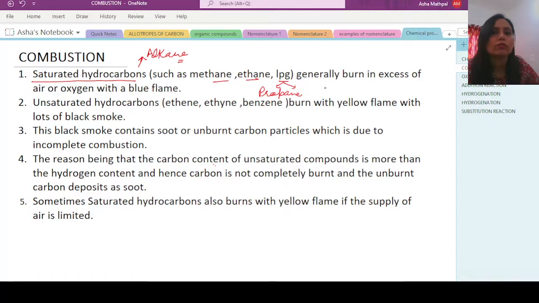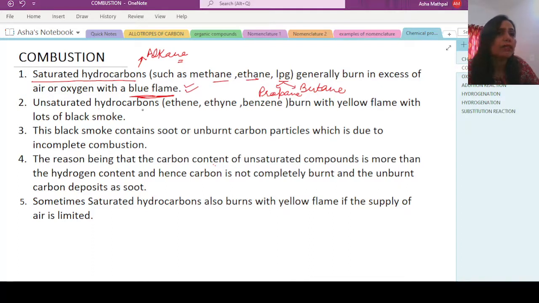So this is a saturated hydrocarbon. They all are alkanes: methane, ethane, propane, butane. Whenever they are burned in excess of air or oxygen, they burn with a blue flame. So blue flame is their characteristic flame when they are burnt.